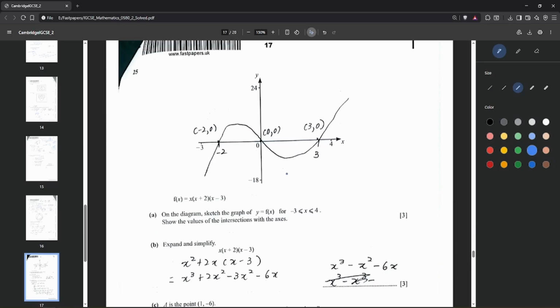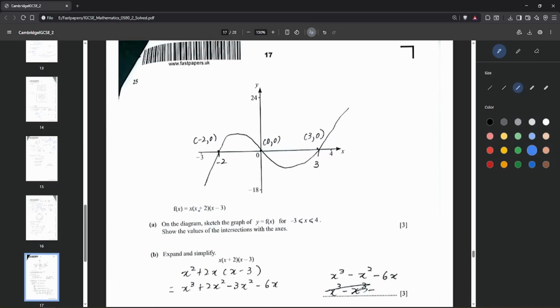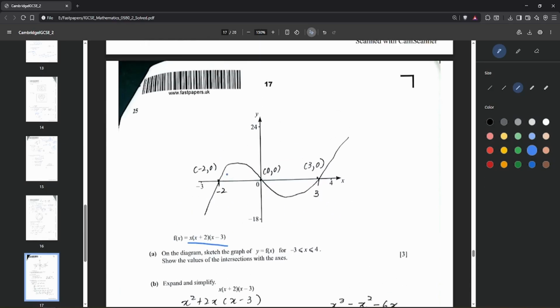Now we have to draw a graph. You are given a cubic equation and the shape is like this because this is a positive cubic equation. X has no negative sign, right? So the shape will be like this, and there will be x-intercepts, meaning the graph will cut the x-axis in these points. So let's say this equals 0.